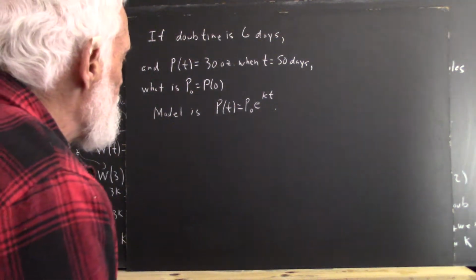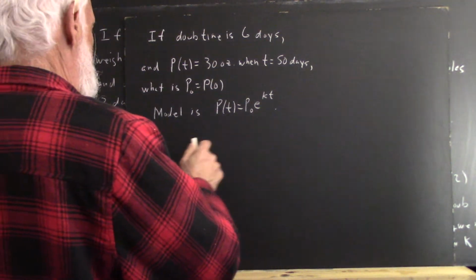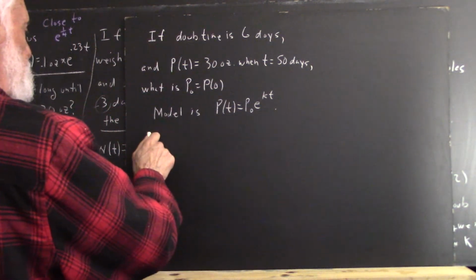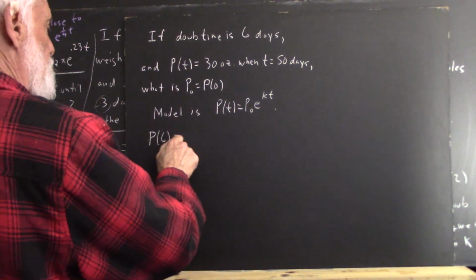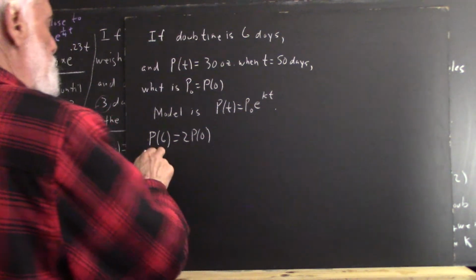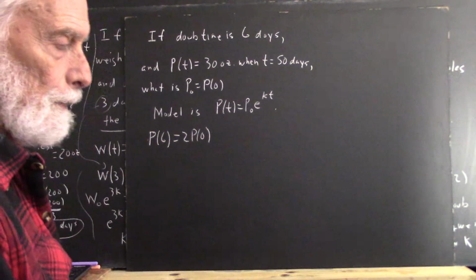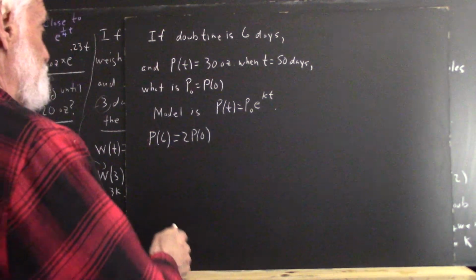The model is this, and we know that P of 6 equals 2P of 0, since the doubling time is 6.